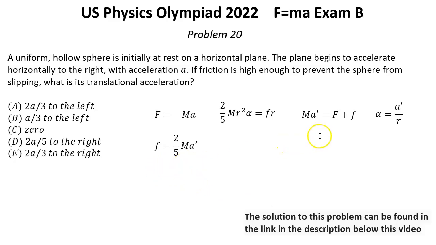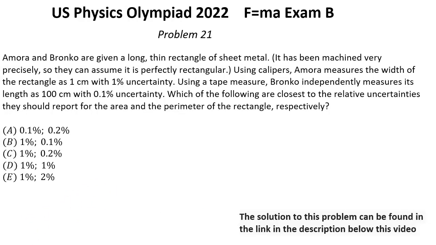Putting these expressions into the third equation, we have a prime equal to negative 3/5 a. Now we can go back to our original frame of reference and find that the translational acceleration equals a prime plus a, which is 2/5 a. That's answer D, and that was the solution for problem number 20.